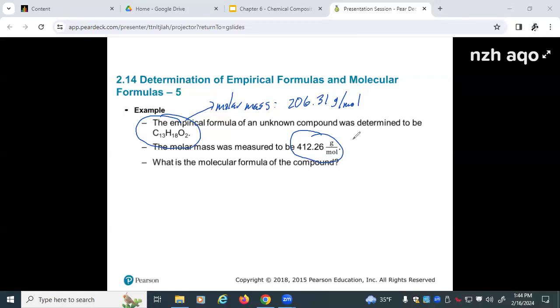What I can see from my calculation is that my empirical formula is not the molecular formula. The two masses are pretty different from each other.